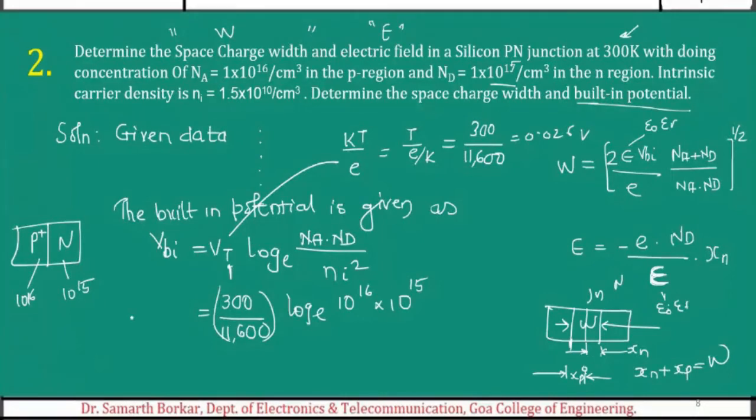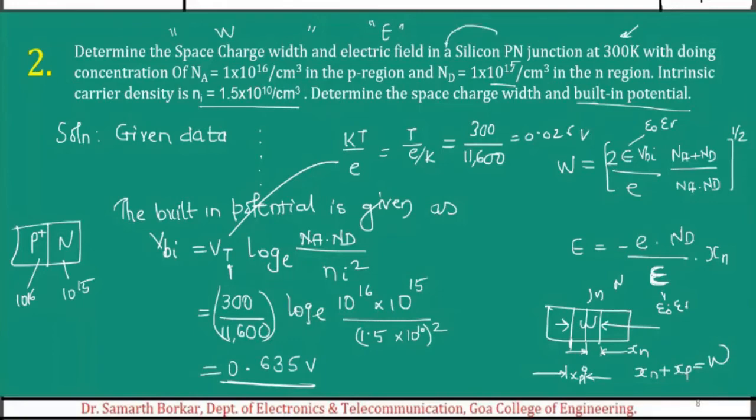Divided by the intrinsic concentration, 1.5 into 10 to the power 10, squared. If you solve this, you get a value of 0.635 volts.